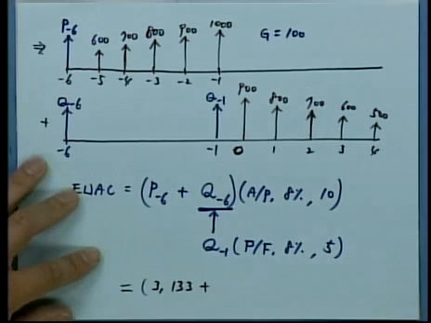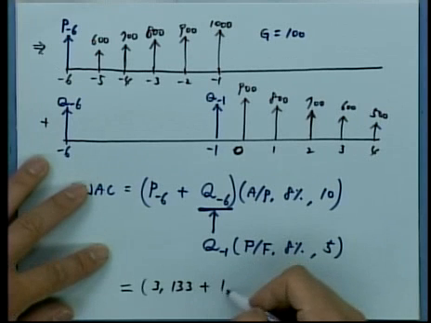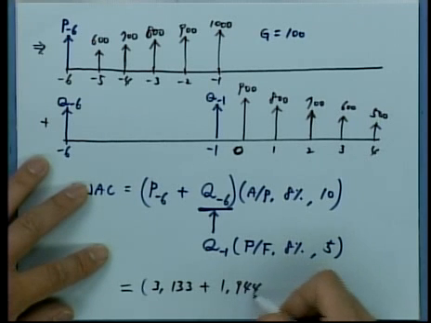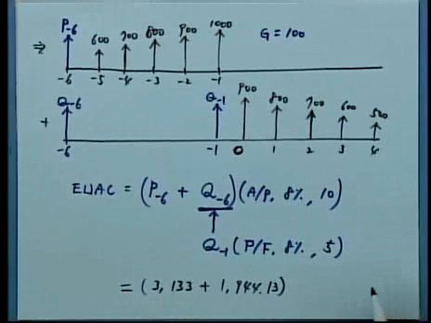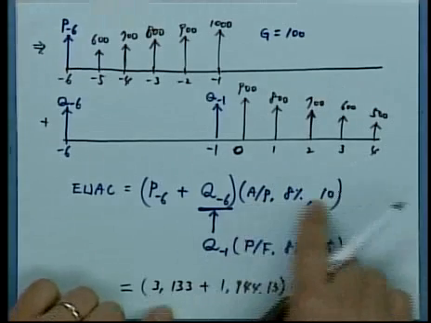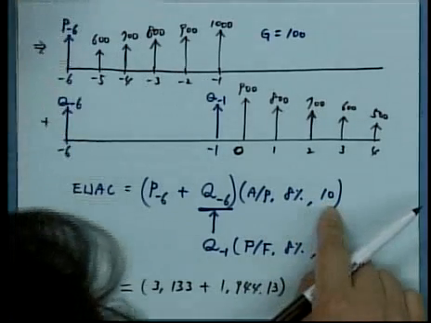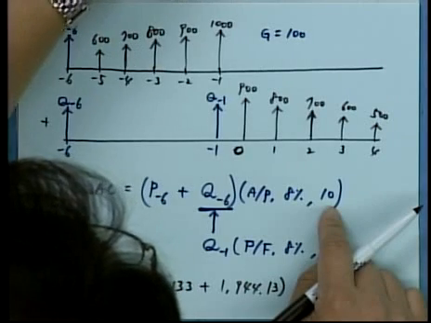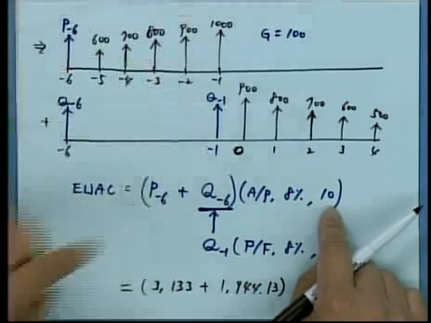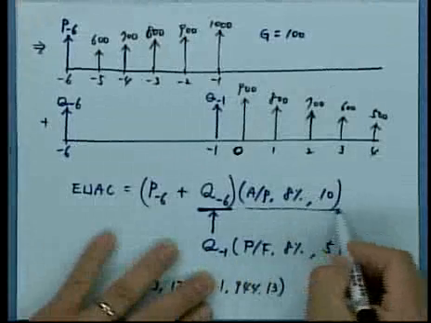Q sub negative 6 is $1,944.13. And what about this A given P over 10 periods? That is 0.1490.